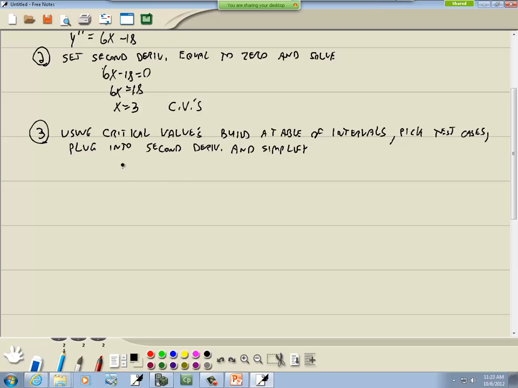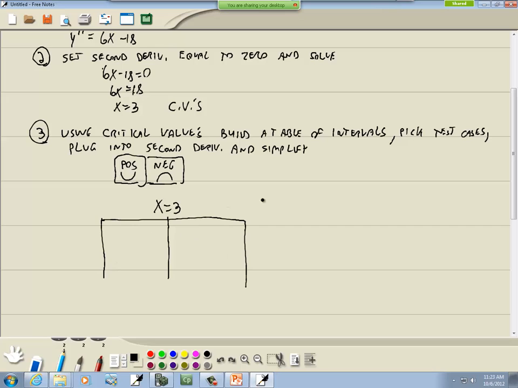If you come up with a positive, it's concave up. If you come up with a negative number, it's concave down. So let's do this one here. We've got x is equal to 3. Build our table of intervals, from negative infinity to positive infinity.